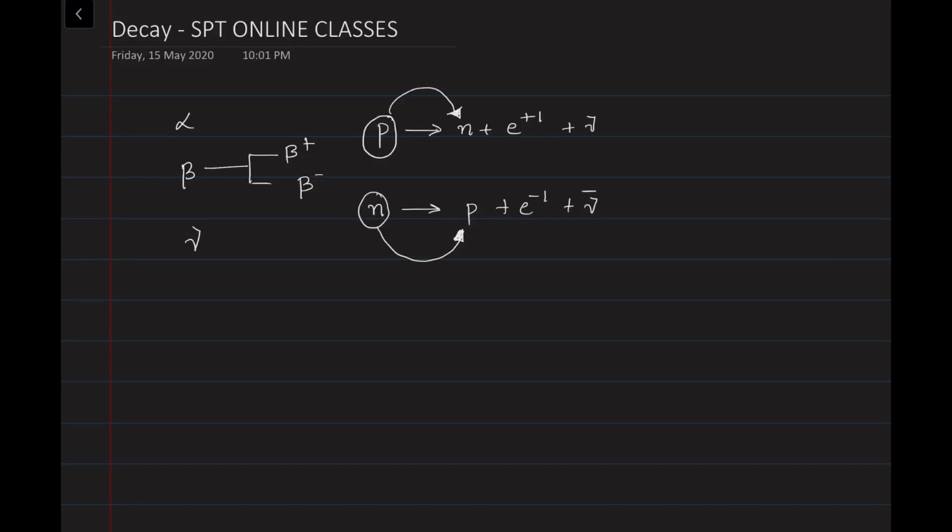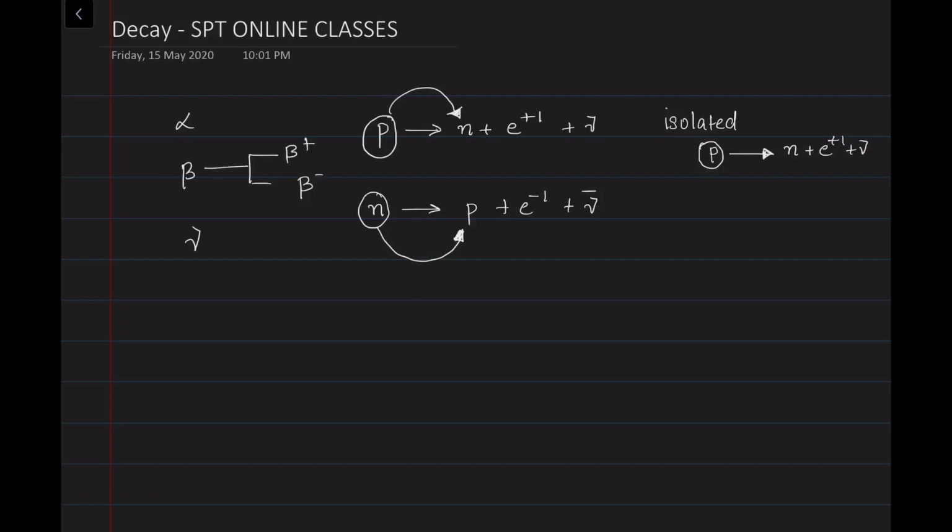So let me tell you. An isolated proton, meaning a proton which you are taking independently, separately from the nucleus. Imagine you have a proton with you. This will never get converted to a neutron, a positron and a neutrino.